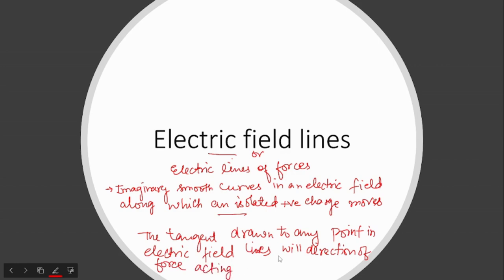Then, if you want to draw electric field lines for different cases, first we are considering an isolated positive charge. Suppose this is an isolated positive charge.